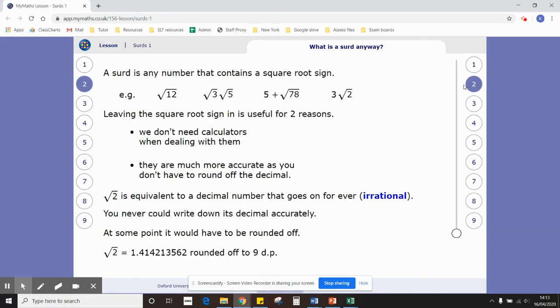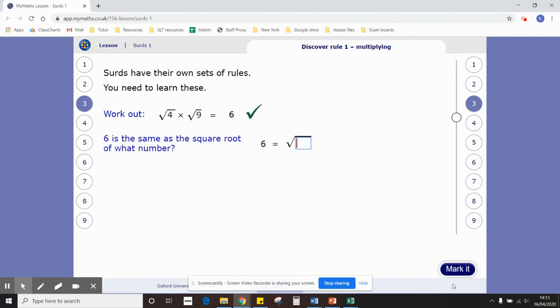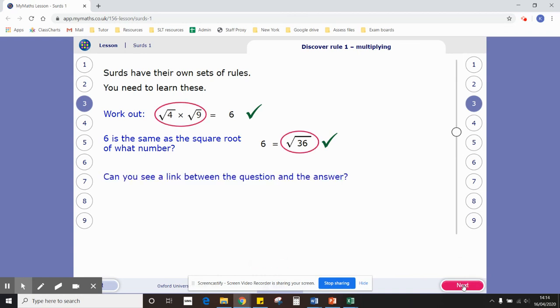We can then have a look at some of the rules then that we can use with surds. So the first one is root 4 times root 9. So root 4 is 2, root 9 is 3, 2 times 3 gives me 6. Okay, however, we know that square root of 36 would actually give me the same answer as that one, and that links to the actual question.